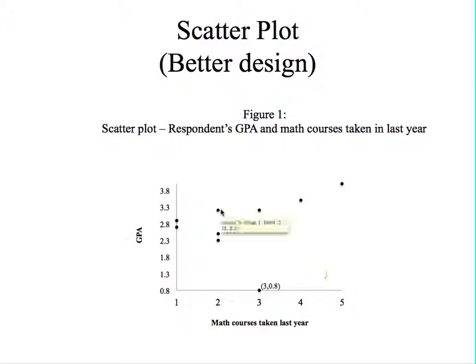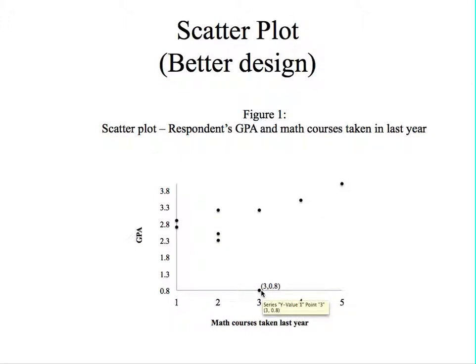Now, I took a lot of the color out, and we don't really need the grid lines, right? The purpose of this scatter plot in particular was to see if there was a pattern, so we don't need to label all the points or know exactly where they fall. Now, some of them, the outliers, you need to point out.